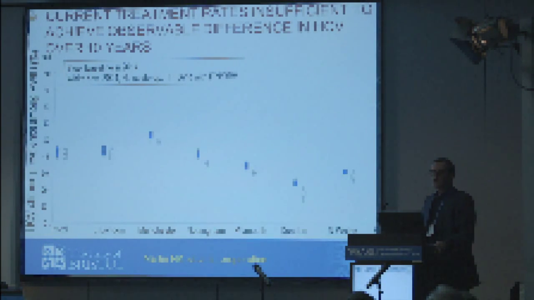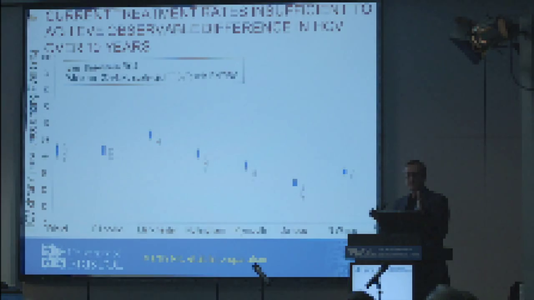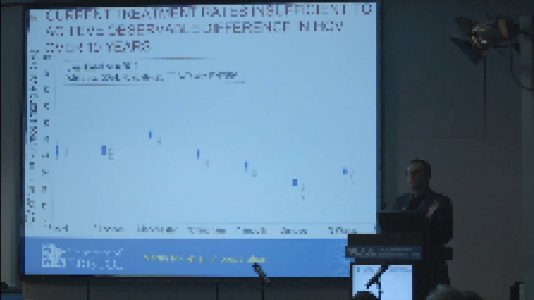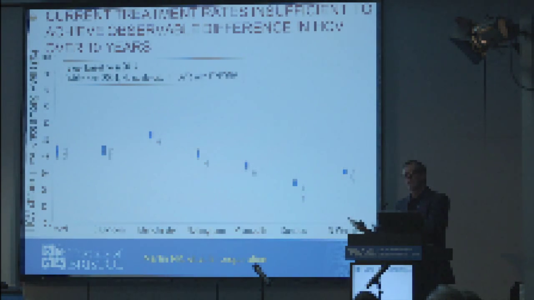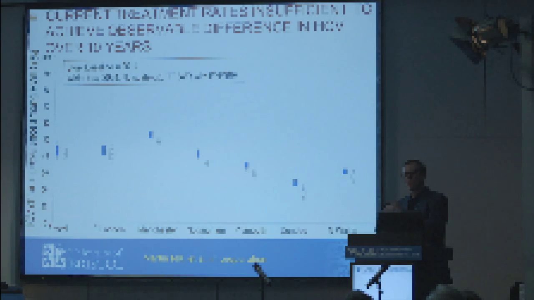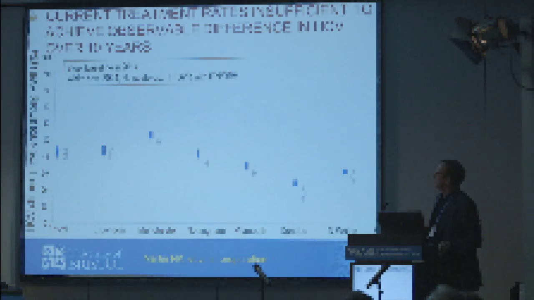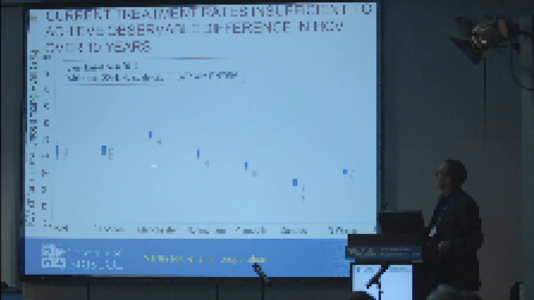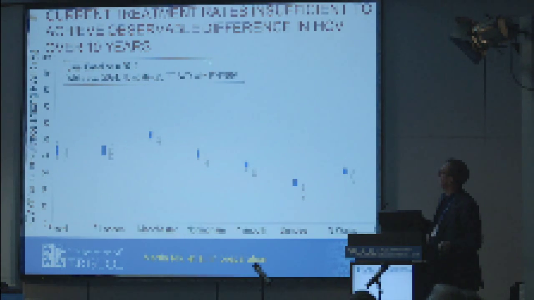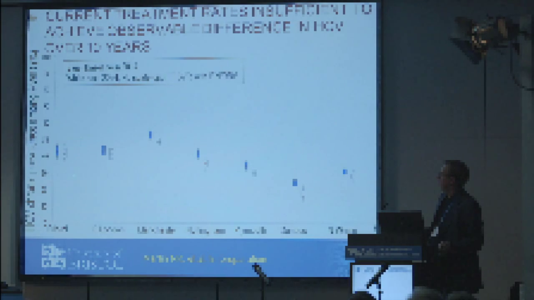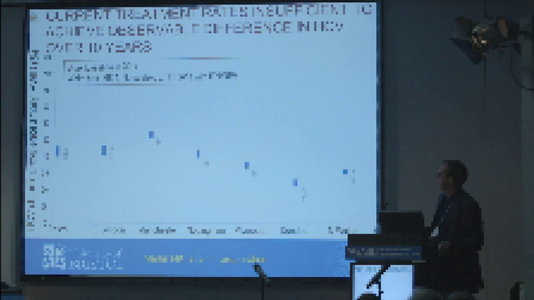So what we then did is take the prevalence of hepatitis C among those sites, and project what 10 years of treatment will do to the prevalence. The blue is prevalence now. In 10 years, we get this ghostly white, which has very little difference. This is with pegylated interferon and ribavirin. The uncertainty is due to some of the parameters, especially around the number of injectors in the population.